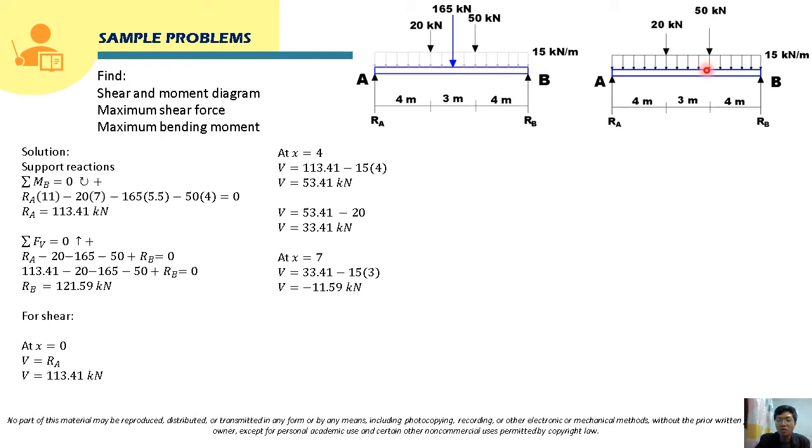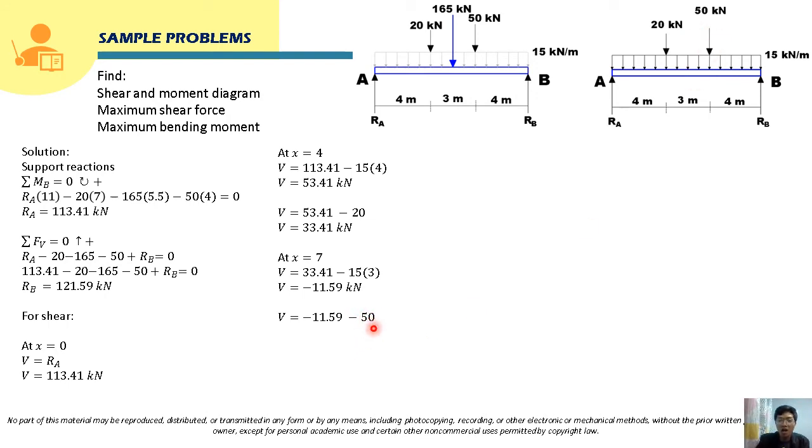Now, also at this point, there is a 50 kilonewton concentrated load. So we will sum up this concentrated load. This is downward, so this will be negative also.